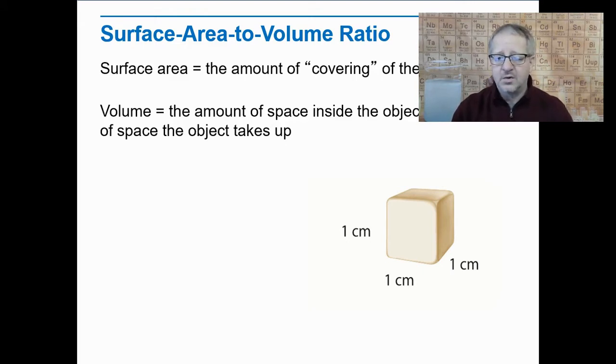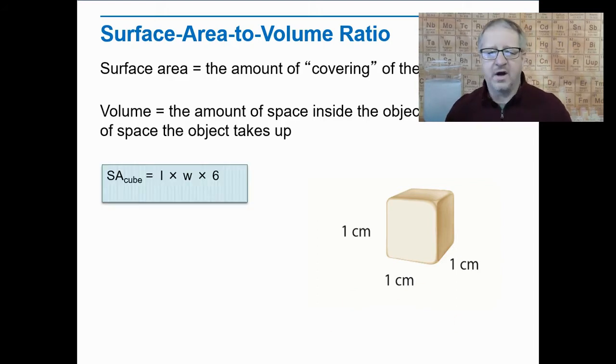Okay, so we're going to find the area of each side by simply multiplying the length times the width. Now, this cube makes it nice and easy because the width is 1 centimeter, and the height is 1 centimeter. If we multiply that together, we get 1 square centimeter. Okay, so here's what that formula looks like.